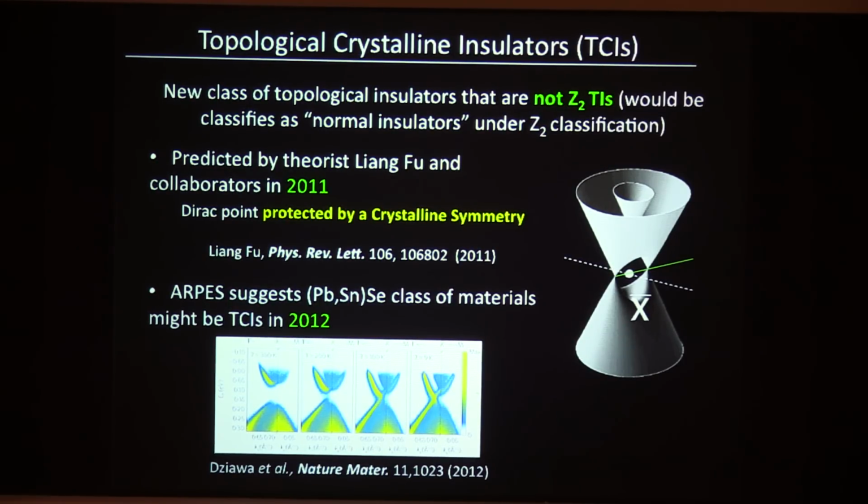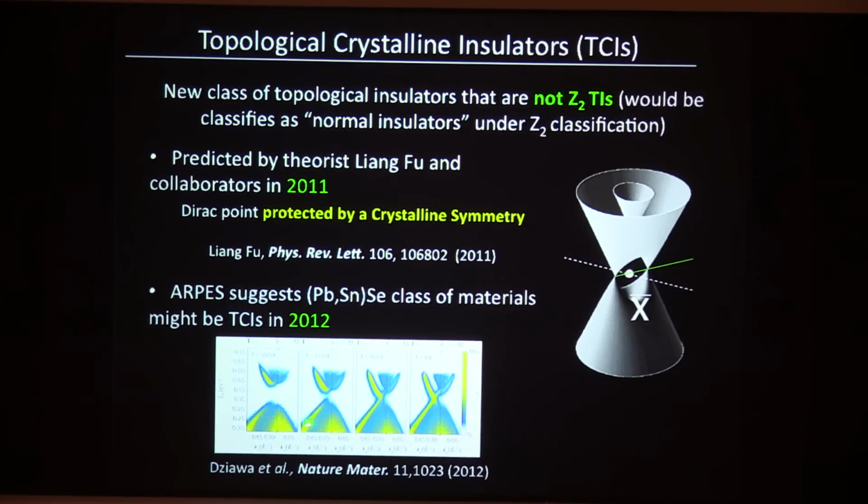Very soon afterwards, in 2012, ARPES studies suggested that this class of materials, lead tin selenide, it's an alloy actually, so it's either lead tin selenide or lead tin telluride, where some fraction of the lead atoms is replaced by tin atoms. Okay, it's an alloy. This class of materials actually belongs to the category of topological crystalline insulators.